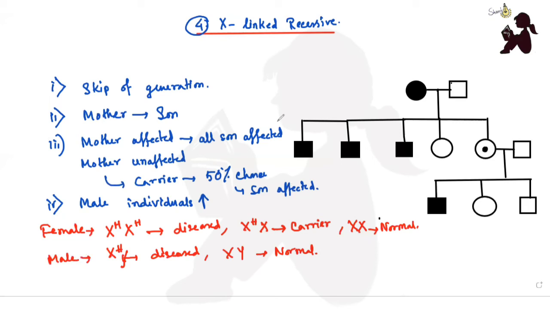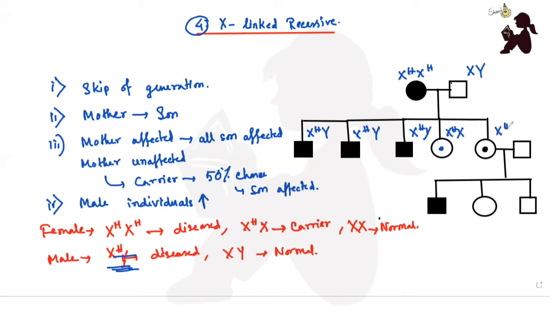Now here if we see the pedigree, the mother is affected, so the mother will have the XHXH genotype. And the father will be normal, meaning XY. Here all the sons are affected with the XHY condition. And the daughter will be XHX, meaning she will be a carrier.